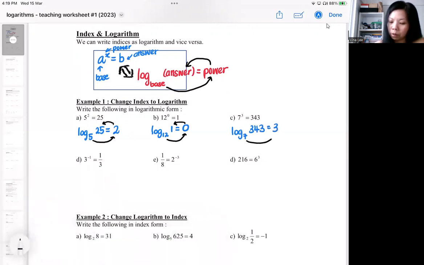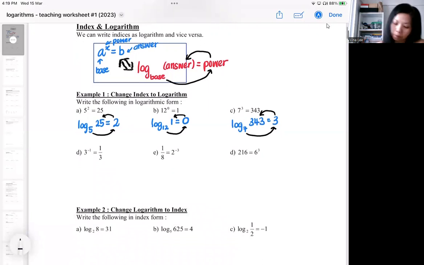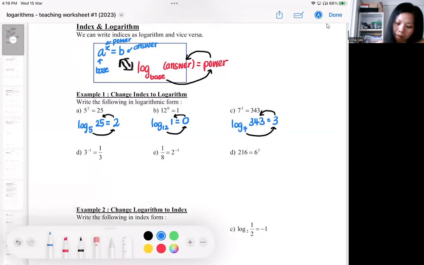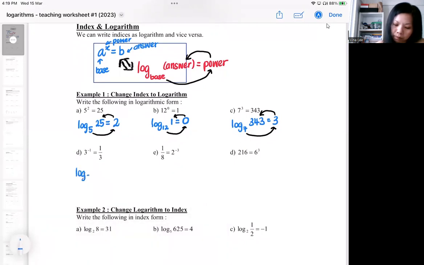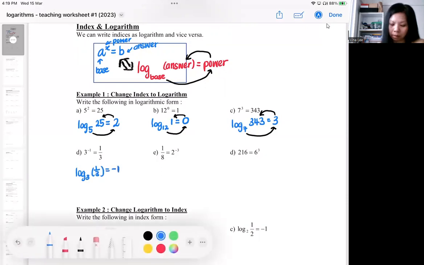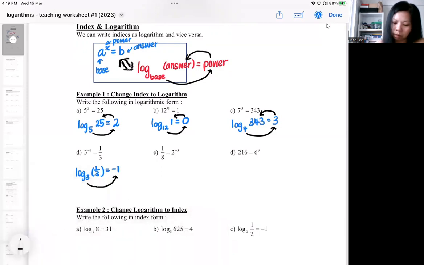So it's 7 cubed, giving me 343. The next one: the base is 3, the answer is 1/3, the power is -1. So 3 to the power -1 is giving me 1/3.